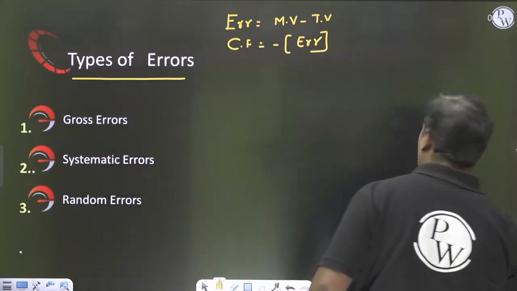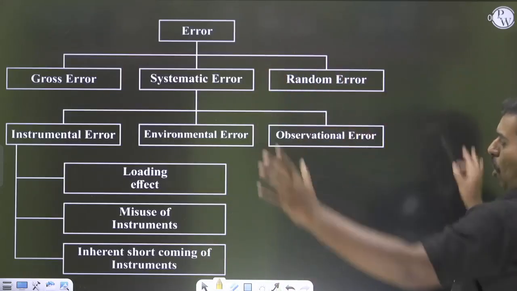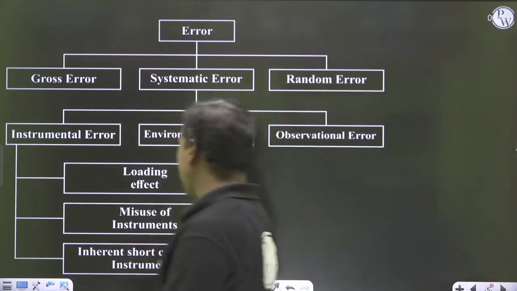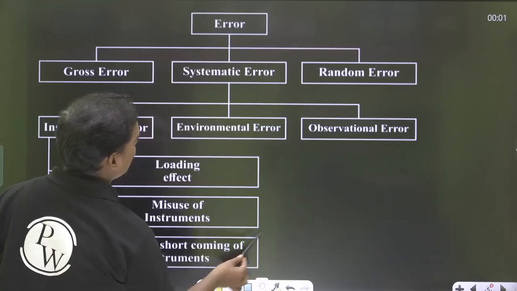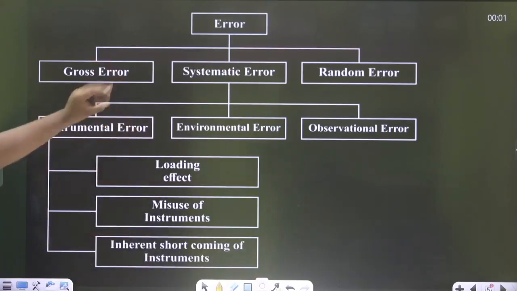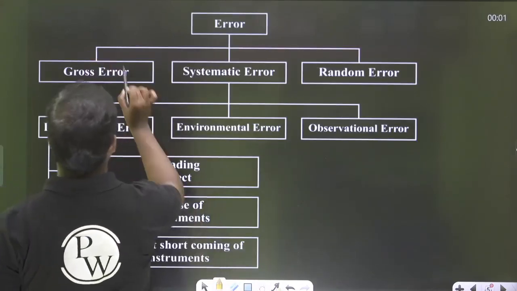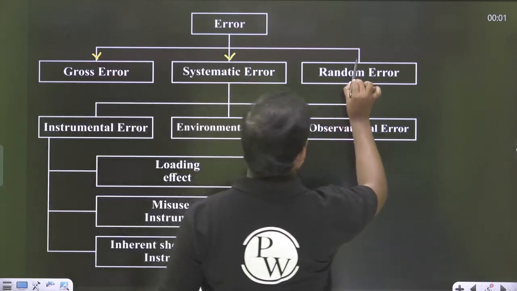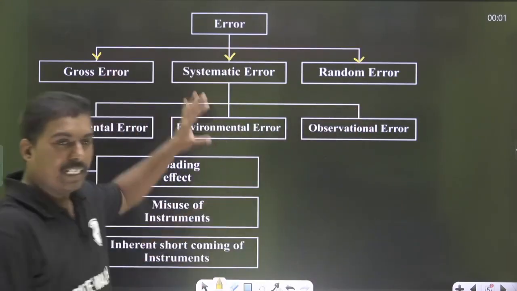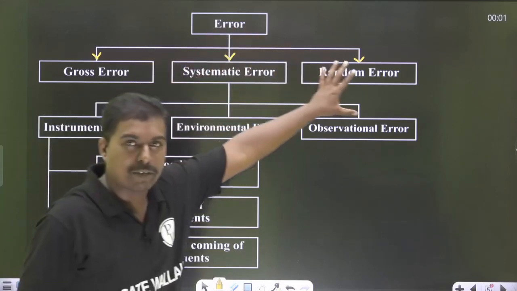Errors are broadly classified like this. This single diagram will give you the complete history of errors. Errors are broadly classified as gross error, systematic error, and random error.